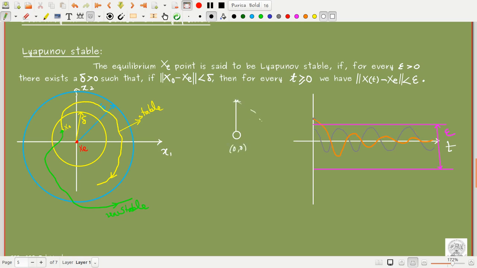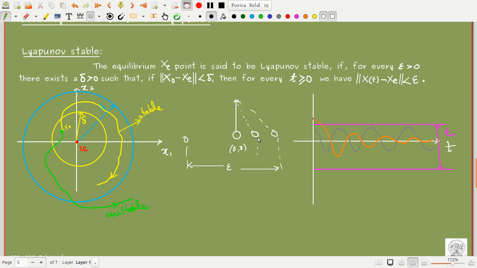So you are going to choose one epsilon here. Somebody is going to choose one epsilon and say that you have to show me that the system is stable. What you choose is you can start the perturbation for this pendulum at a small distance delta, and in this case it is asymptotically stable.